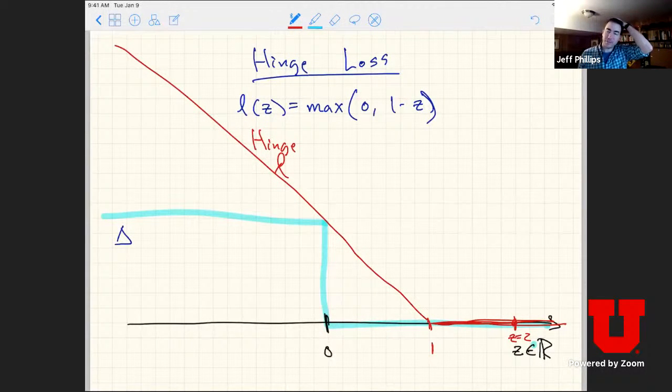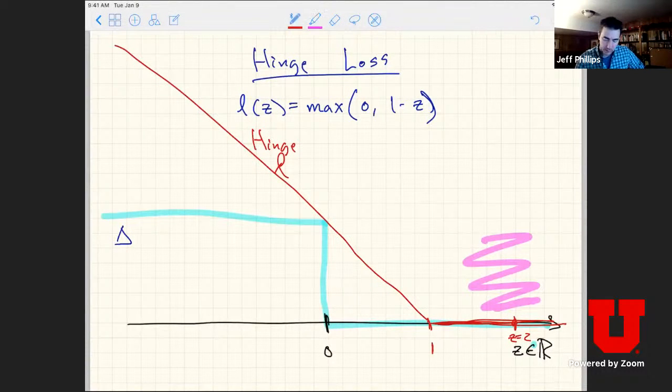Okay, so what's happening here? If I classify something well, so I'm over in this region over here, this is well classified.